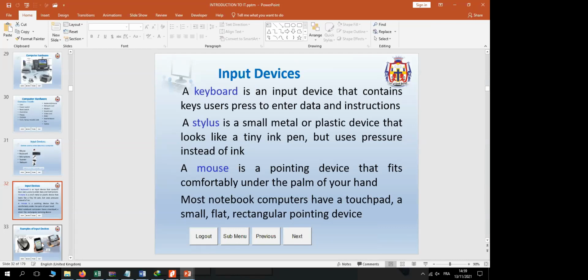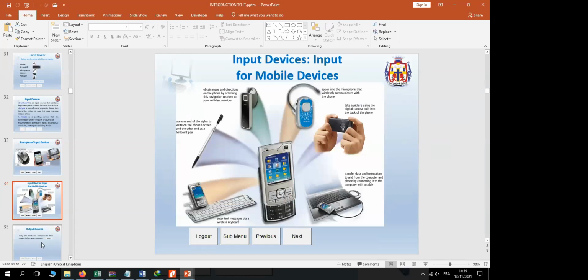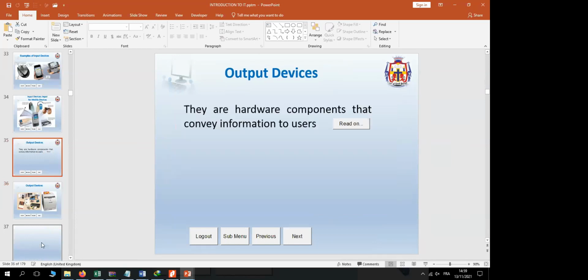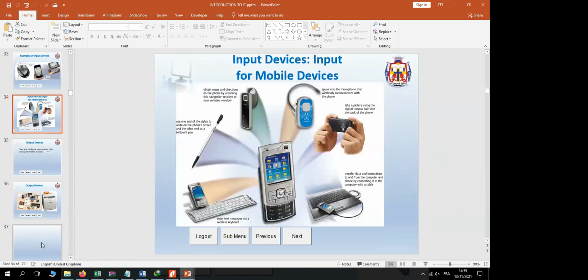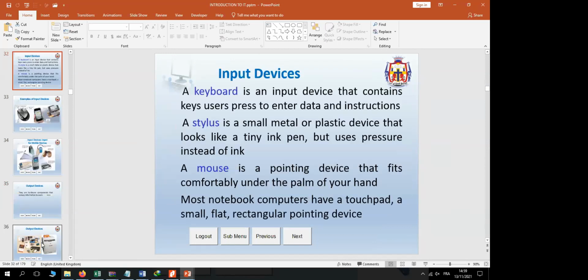You can, of course, investigate and read further about what these output components and input components are. Input are the ones used to enter or feed information into the computer.